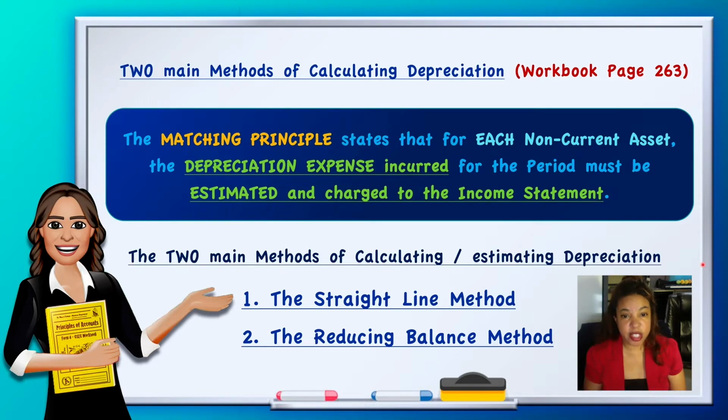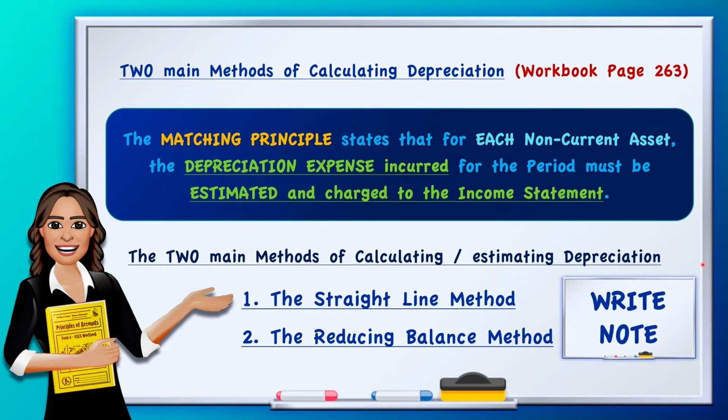And the two methods are the straight line method and the reducing balance method. Now remember, once again, the emphasis is on depreciation being an estimate. So it has to be reliable, it has to be objective.